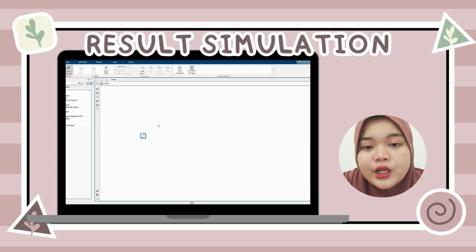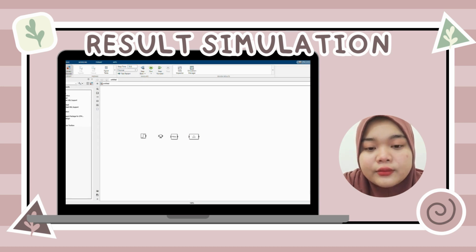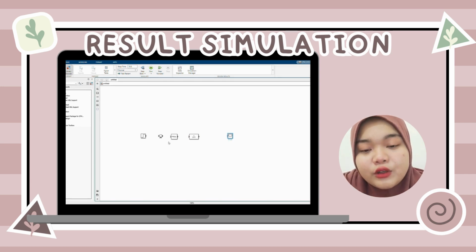So we need a step, then we need a sum, we need a PID controller, then we need a transfer function, then we also need a scope for showing the graph.